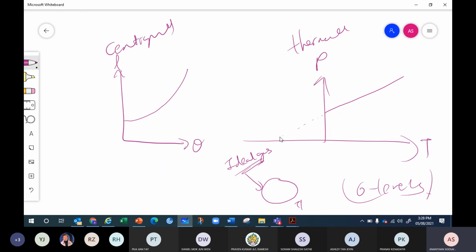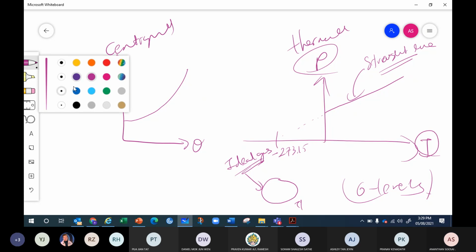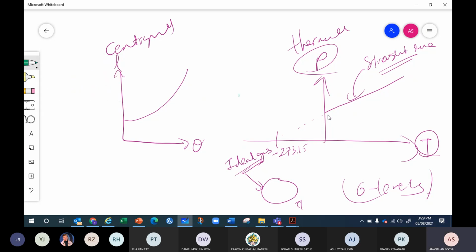It cuts the axis at negative 273.15. This graph is found to be perfectly a straight line. We know that this is a straight line, no doubt about that. The pressure of the gas changes linearly with temperature. This is what we want. So we are very sure that for the ideal gas, pressure changes linearly with temperature.